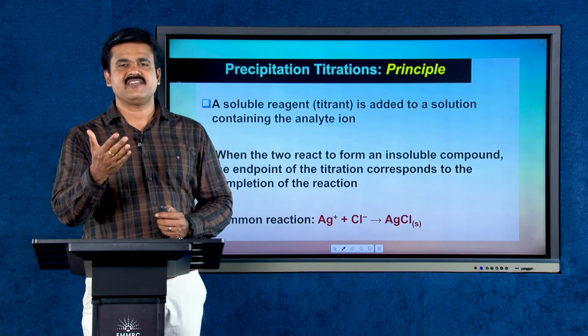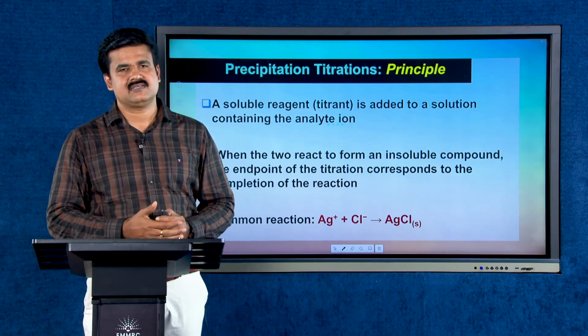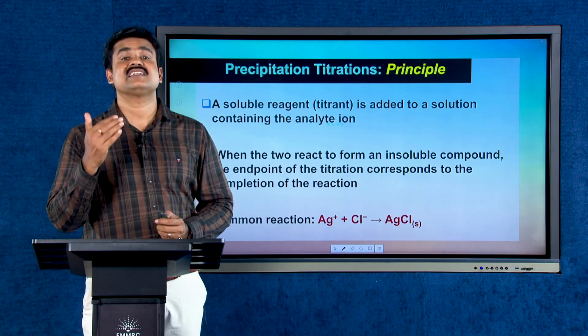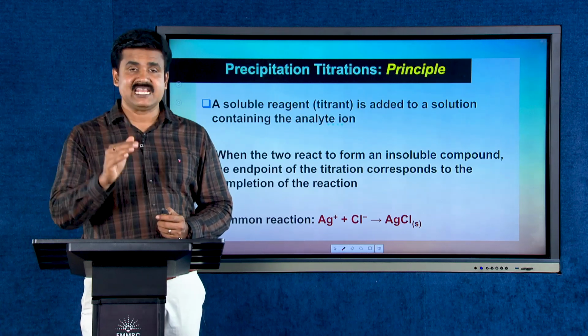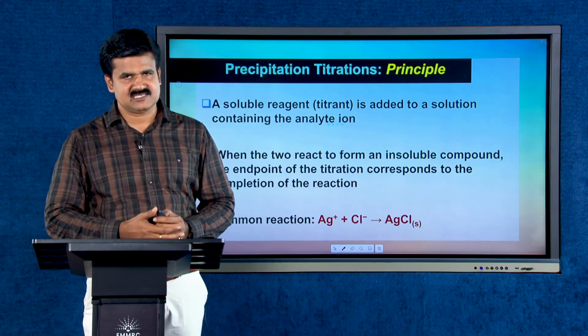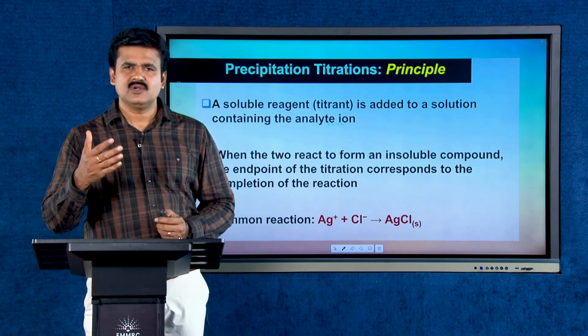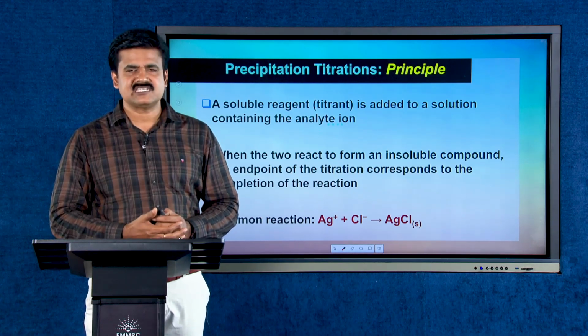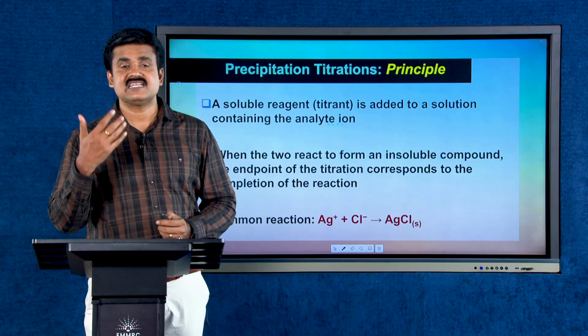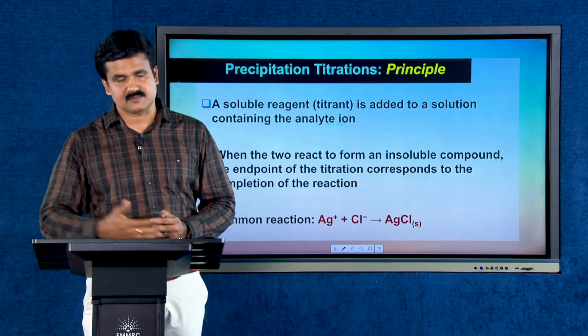In a similar way, you can also estimate the amount of Ag+ present in a given solution by adding Cl- ions in the form of HCl or sodium chloride. So, you can quantitatively convert the Ag+ ions present in the solution to AgCl precipitate.